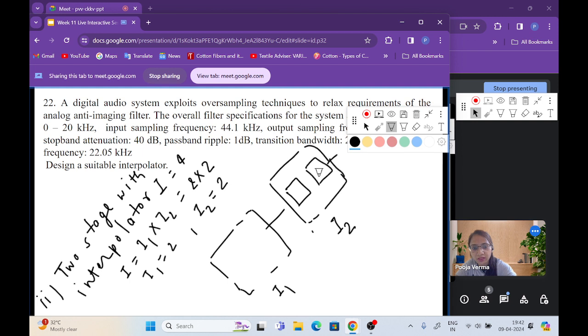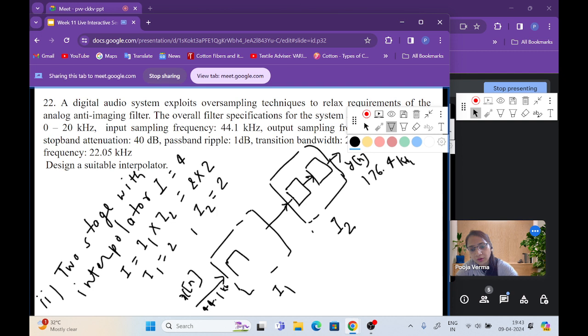One is interpolator or decimator, and the other one is an anti-imaging or anti-aliasing filter, right? This is the overall output. This is input. That is, input frequency is 44.1 kilohertz, and output frequency is 176.4 kilohertz.